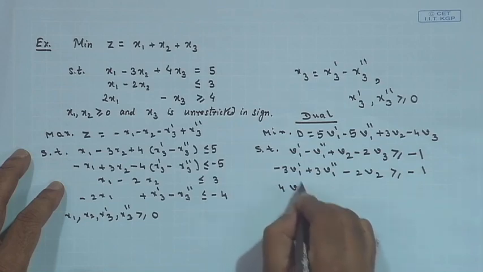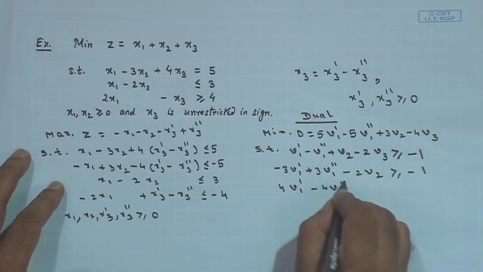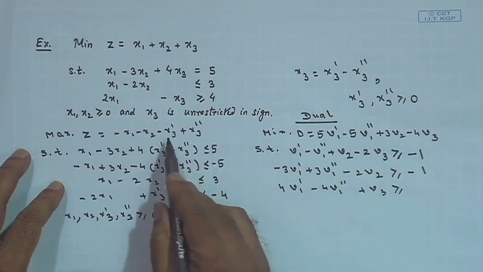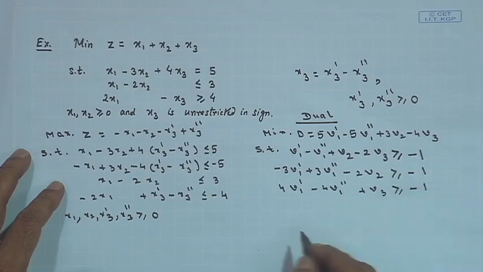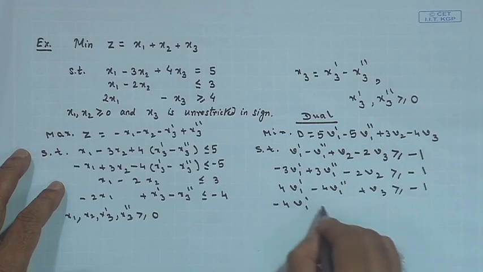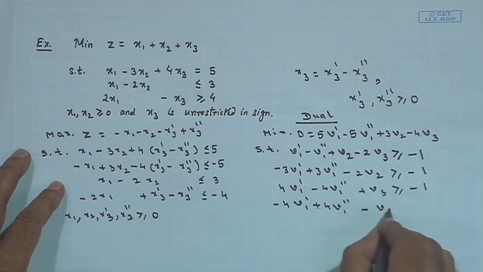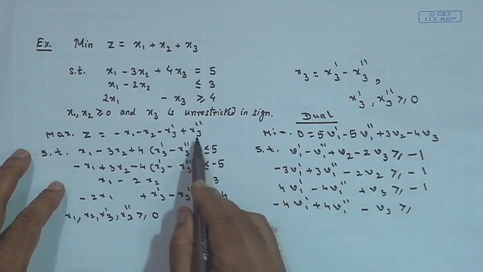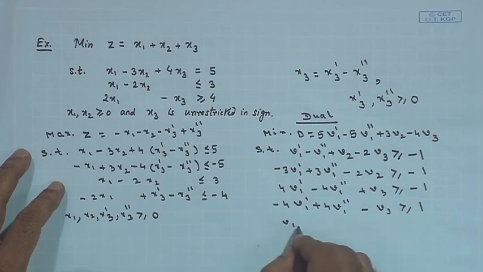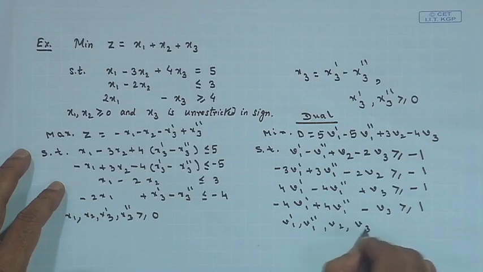Next one is 4 v1 dash minus 4 v1 double dash plus v3, which is greater than or equal to minus 1, corresponding to x3 dash. The last one will be minus 4 v1 dash plus 4 v1 double dash minus v3, which is greater than or equal to 1, the coefficient of x3 double dash. And v1 dash, v1 double dash, v2 and v3 are all greater than or equal to 0.